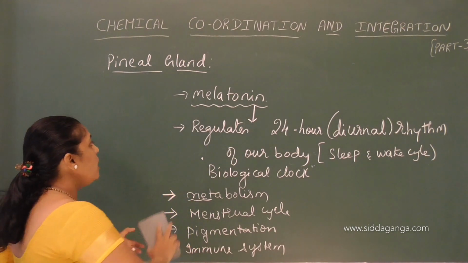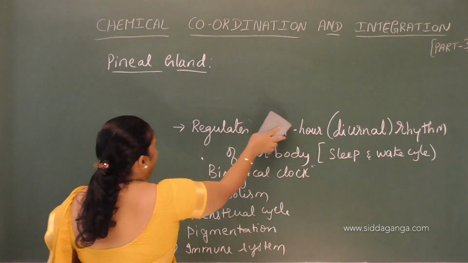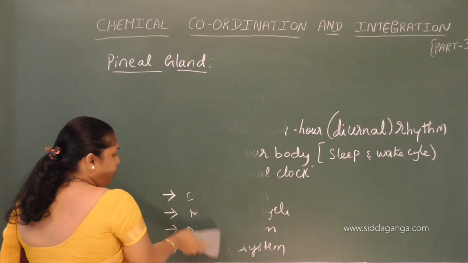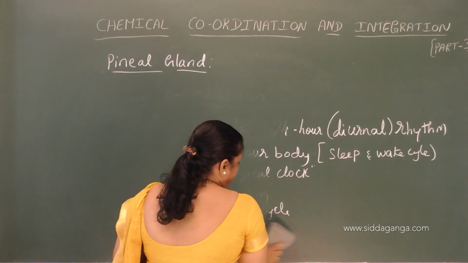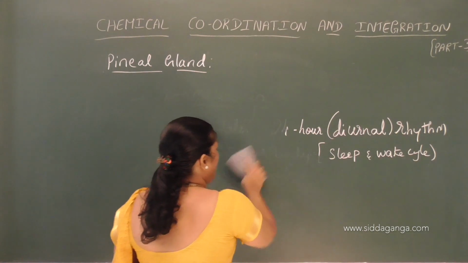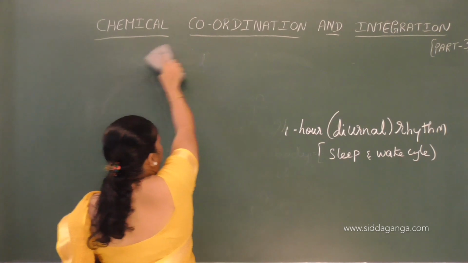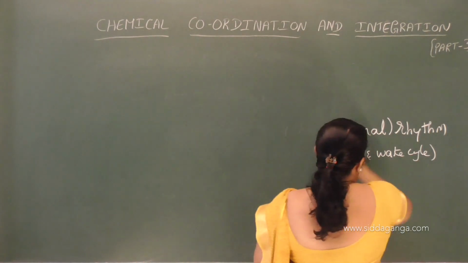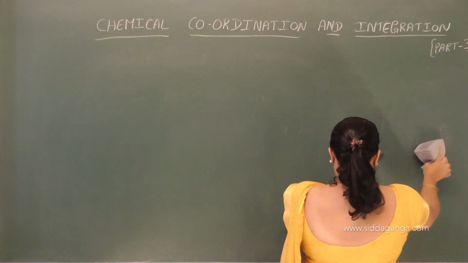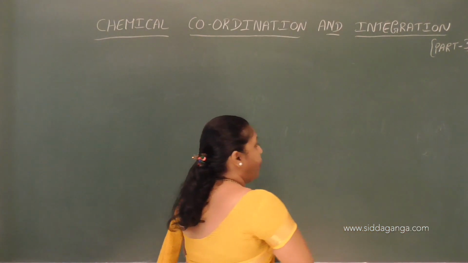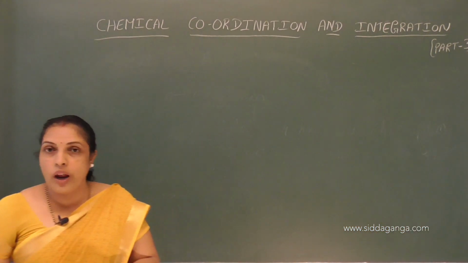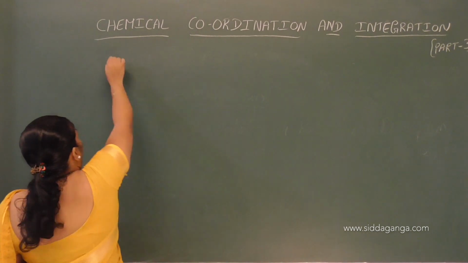It increases immunity of our body. You know that immunity is the ability of an organism to fight against diseases. It is about the pineal gland. Then we will go with one more gland, that is the thyroid gland.